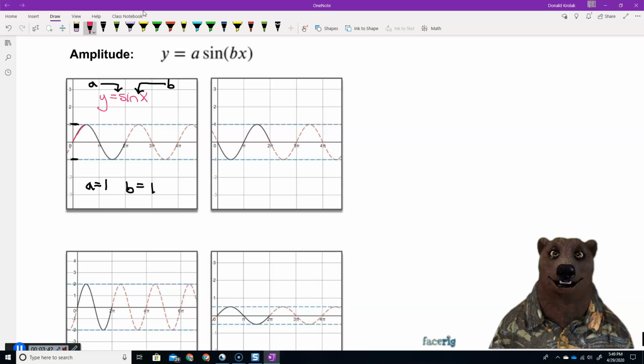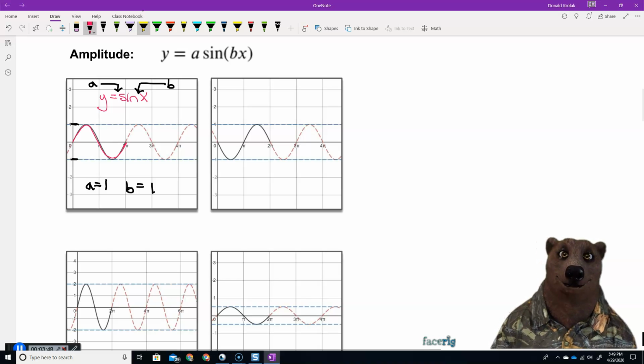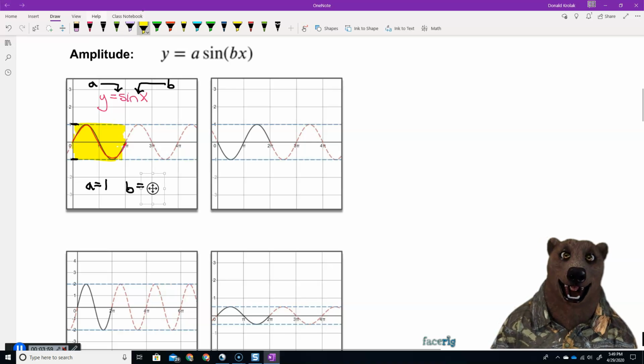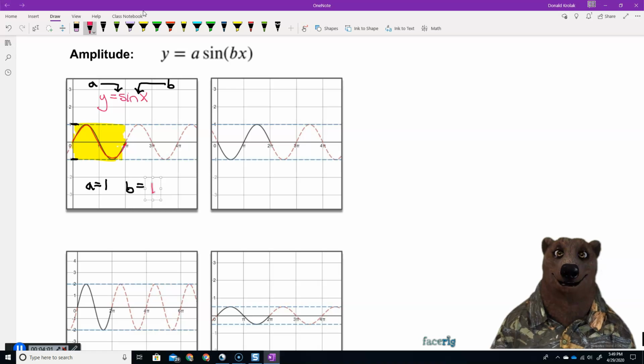It's this dark curve here. That's one cycle of sine in this space between 0 and 2 pi. So the B tells you how many cycles you're going to see between 0 and 2 pi.